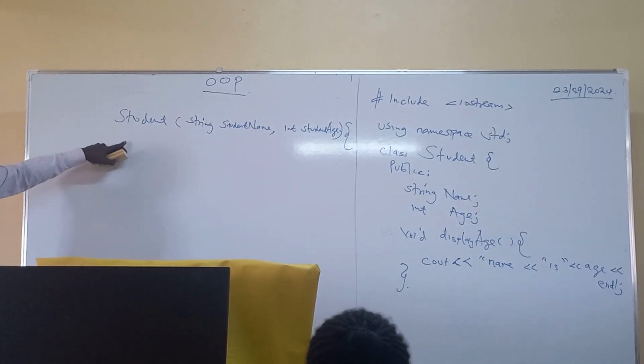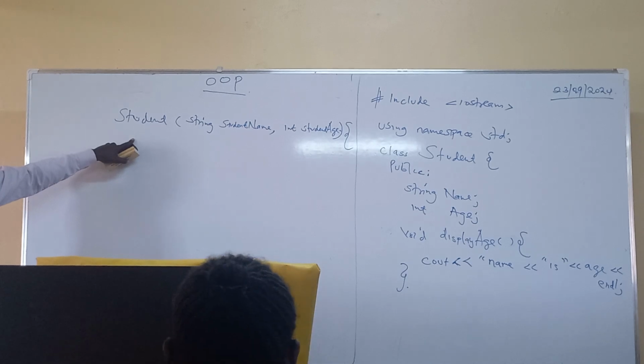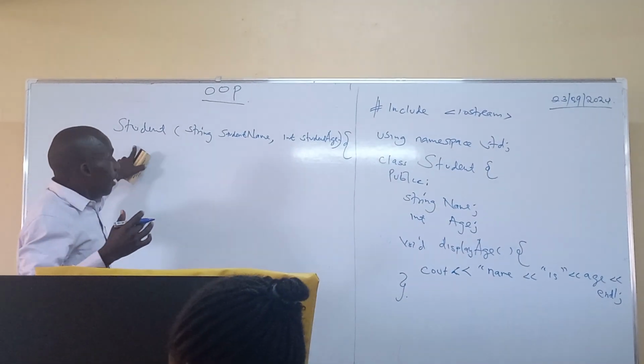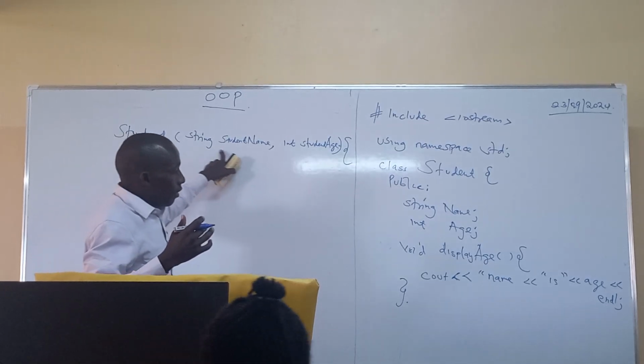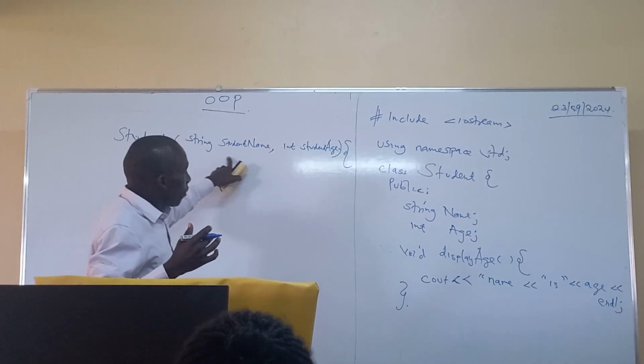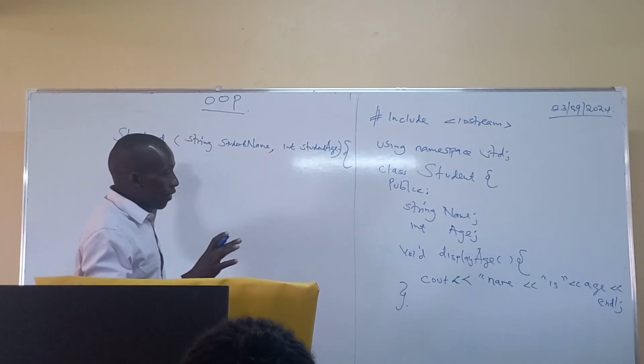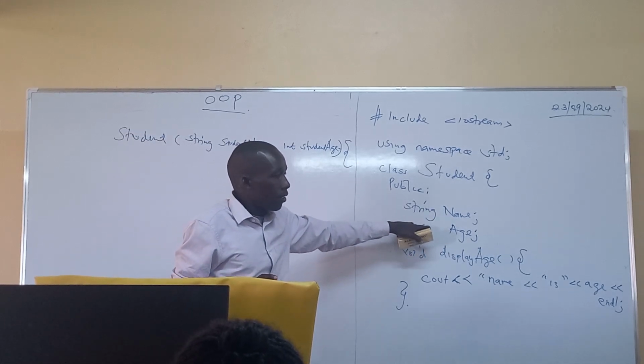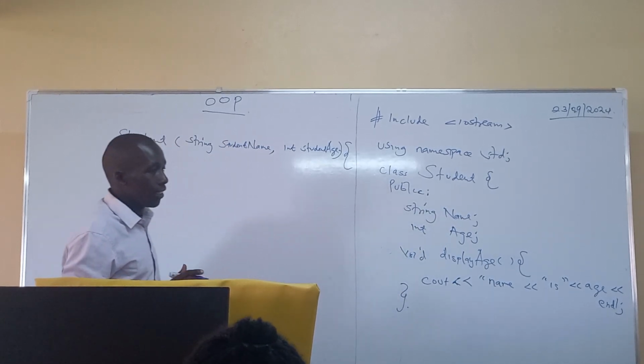Here, inside these curly brackets, we want to tell the compiler that the variables we declared inside this constructor are just the same as the variables we declared inside our class, right?